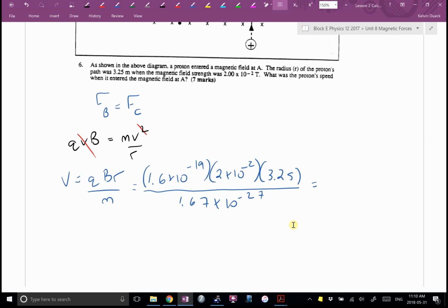What do you get? Hopefully less than the speed of light.